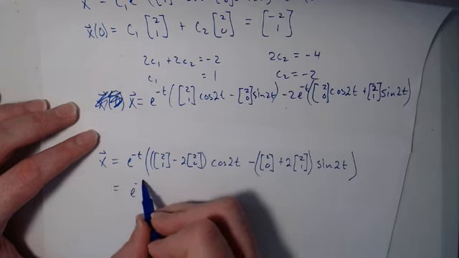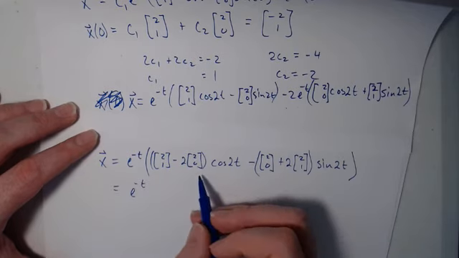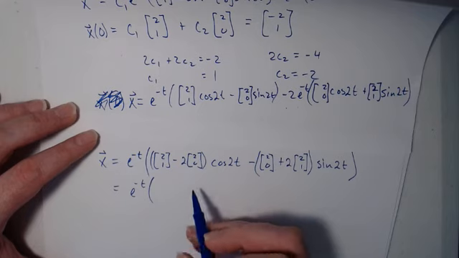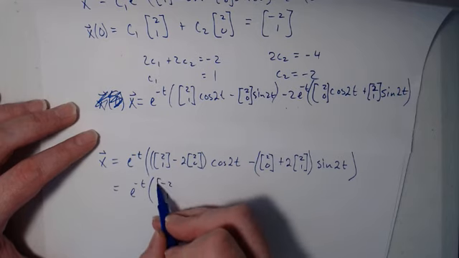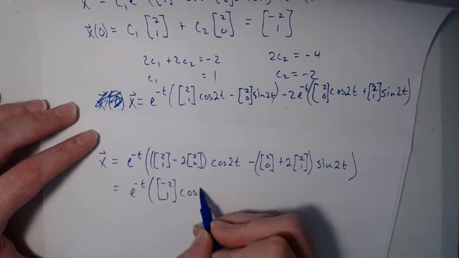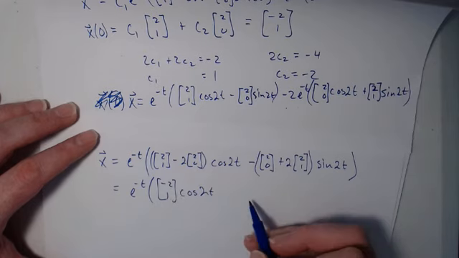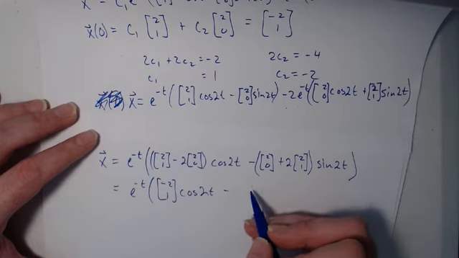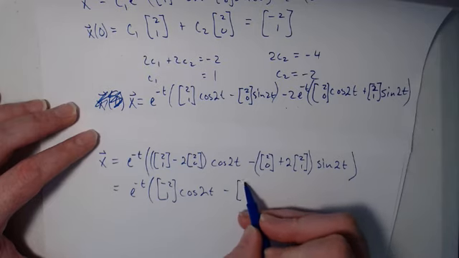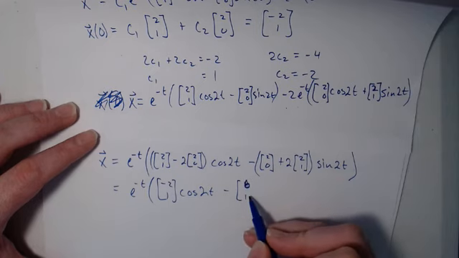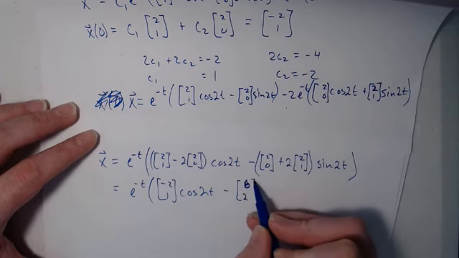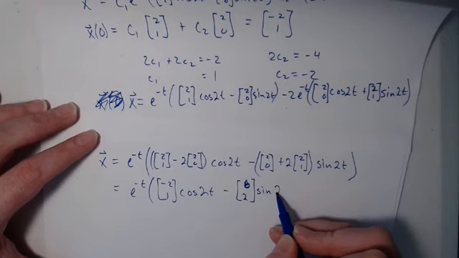So that's e to the -t times, that'll be 2 minus 4 is -2, 1 cosine 2t, minus, that'll be 4, 6, 2 sine 2t.